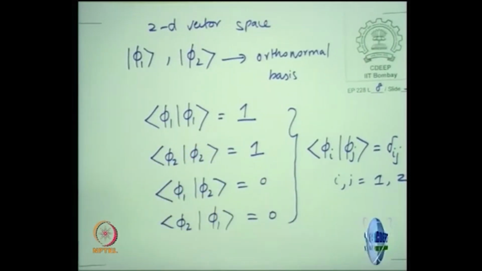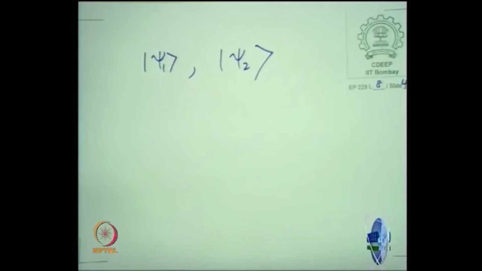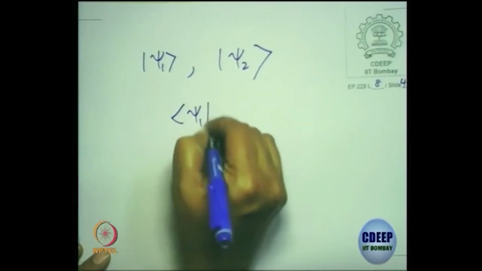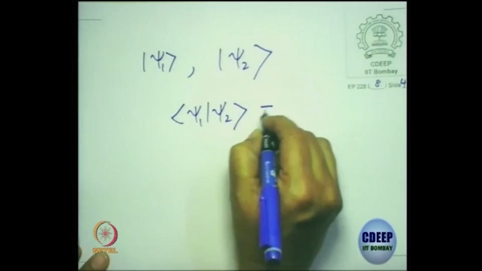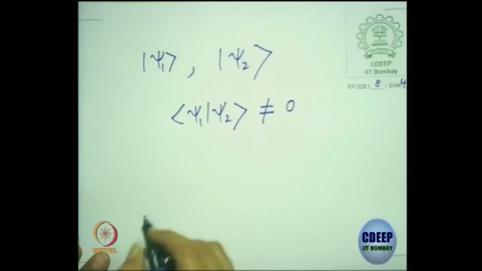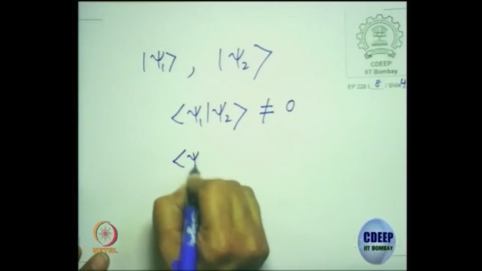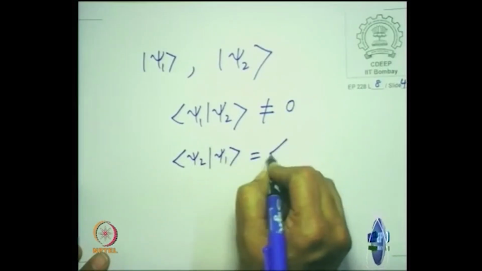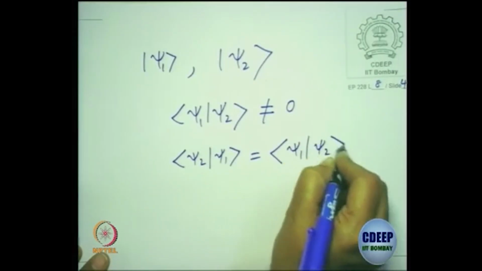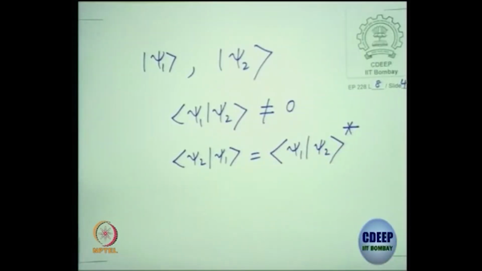So, now what we would like to do is, we could also have a non-orthogonal basis, right. So, we call that psi 1 and psi 2. Why is it non-orthogonal? If you try to find the inner product of psi 1 with psi 2, this will not be 0, okay, and psi 2 with psi 1 will in principle be the complex conjugate of this.